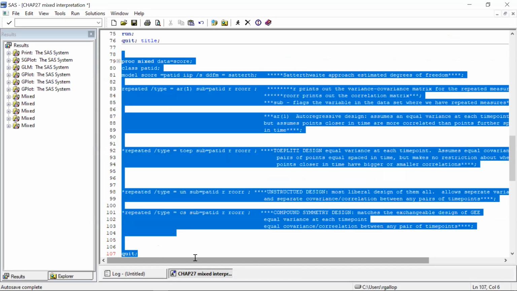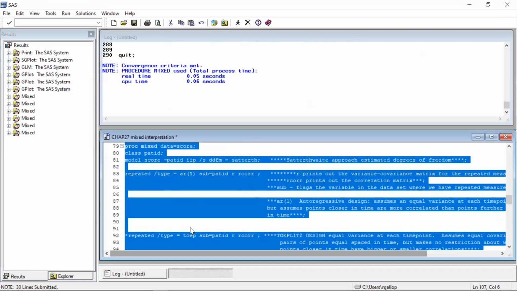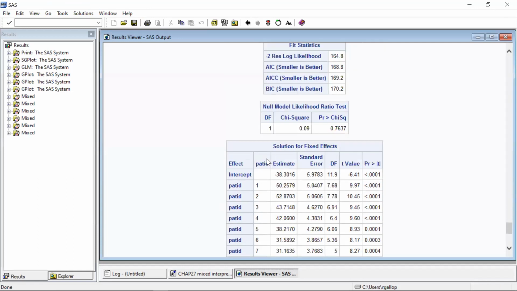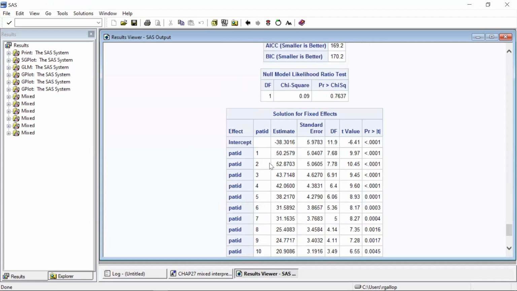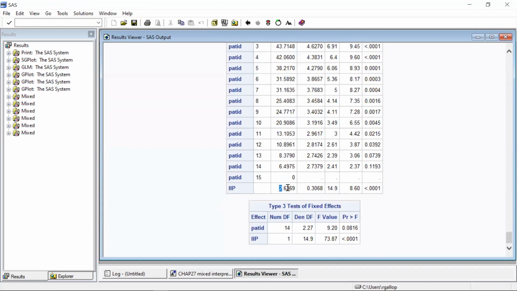And when we fit this, we can see real quick here, we get the model working fine. This gives us the relationship between IIP and depression, which is highly significant. You're seeing the Satterthwaite parameterization of the degrees of freedom coming in, where you can get decimals.